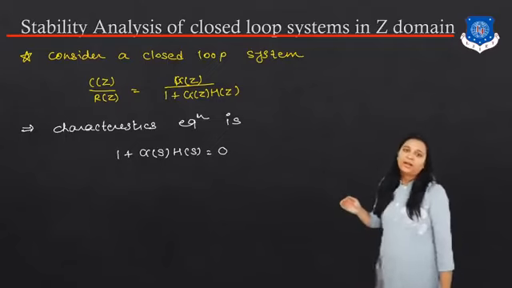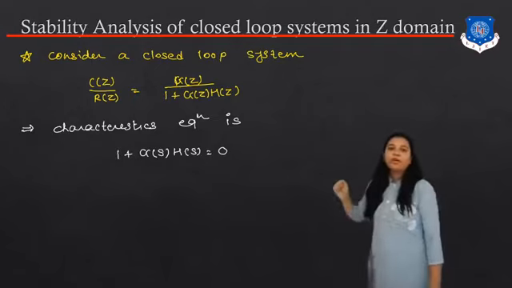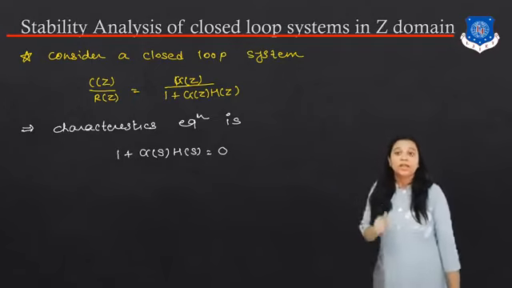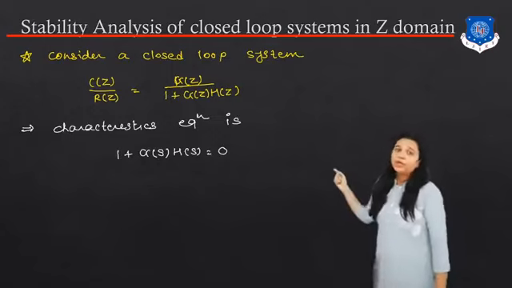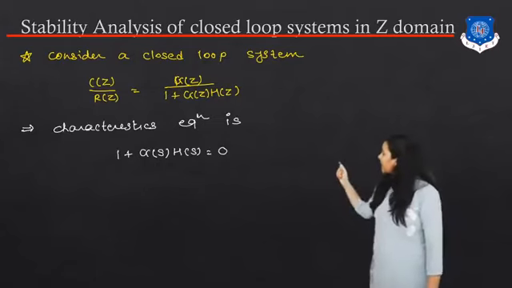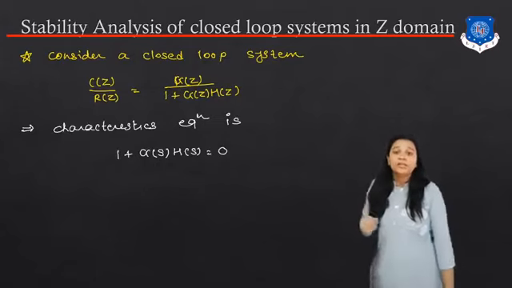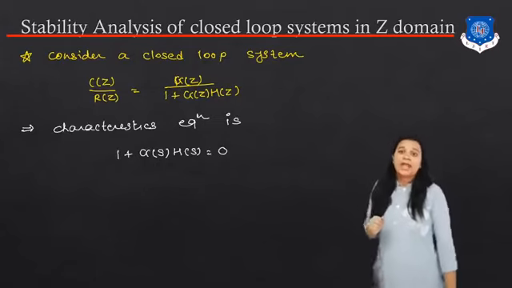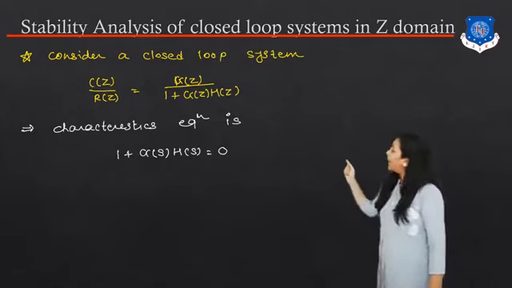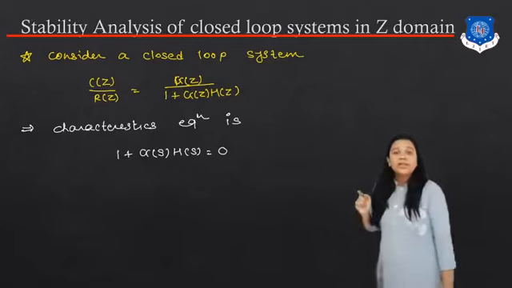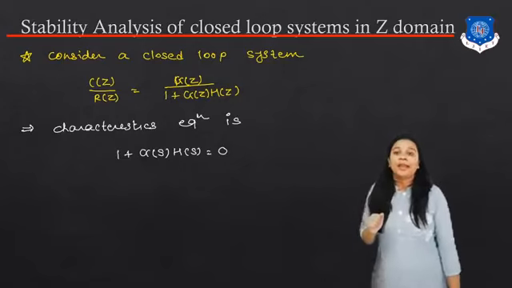Now, if we write the characteristic equation for this transfer function, it becomes 1 + G(s)H(s) = 0. Here you have to note that this characteristic equation is for the continuous time system because the forward loop path and the feedback loop path gain are in the form of the S domain.